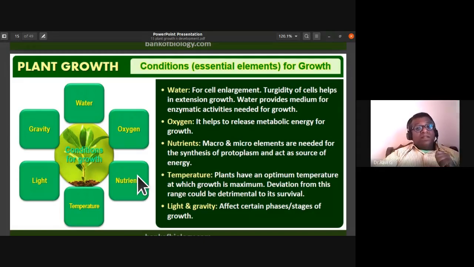Macro and micronutrients are needed for the synthesis of protoplasm, and they also act as a source of energy. At optimum temperature you find maximum growth, and at a lower temperature growth is minimal. Light and gravity also affect certain phases or stages of growth.